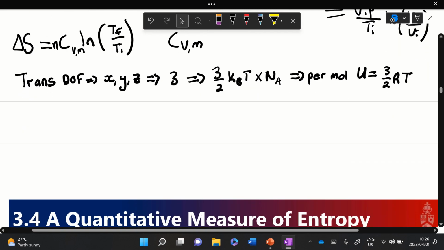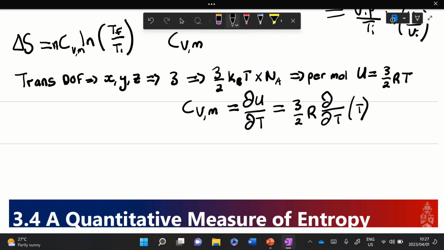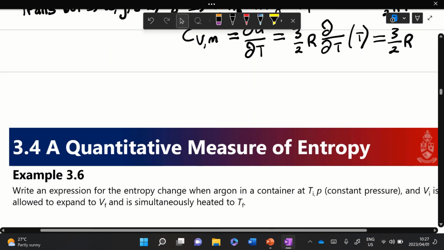The relationship between Cvm and U is that the derivative of U with respect to T is equal to Cvm. So if we take the partial derivative, we have 3/2 R times the partial of T with respect to T, which is just 1, which is equal to 3/2 R. So that's how you get 3/2 R, if you had forgotten that.